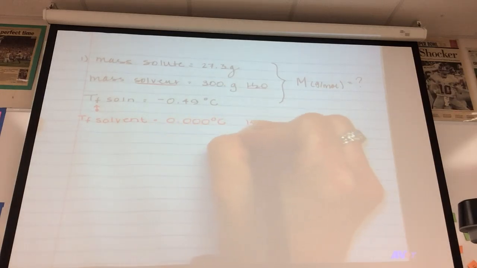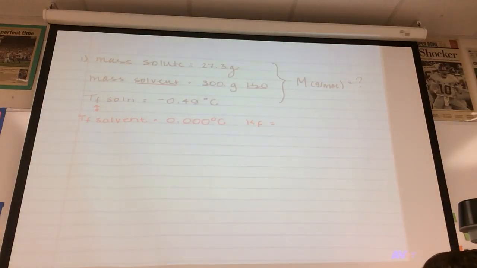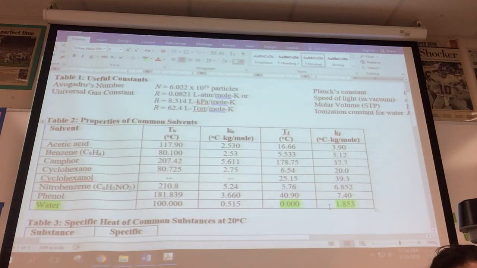I'm also going to need the Kf for water, and that information, as you have seen previously, can be obtained from the back of the periodic table, focusing on the last two columns, the freezing point of water, and the Kf for water is 1.853 degrees Celsius kilograms per mole.